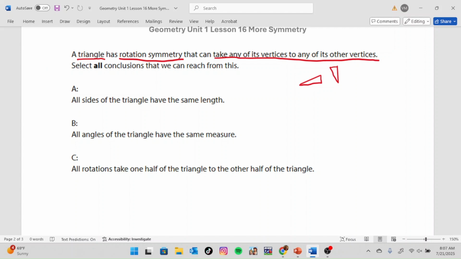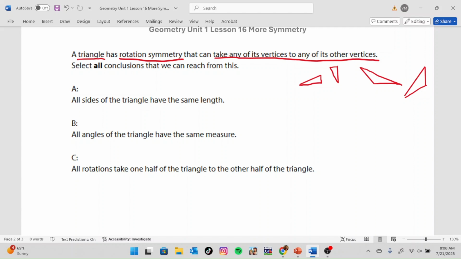Same thing if I tried an obtuse triangle. If I try to rotate this, again, I'm not going to end up with every corner going to another corner.